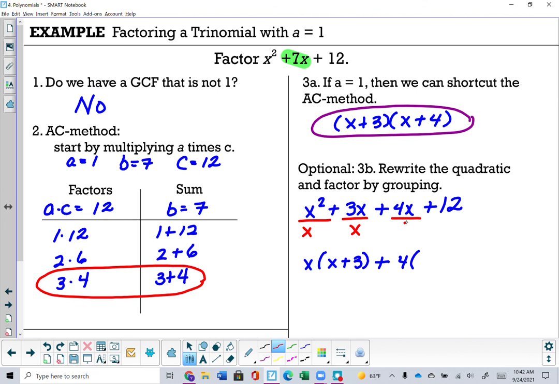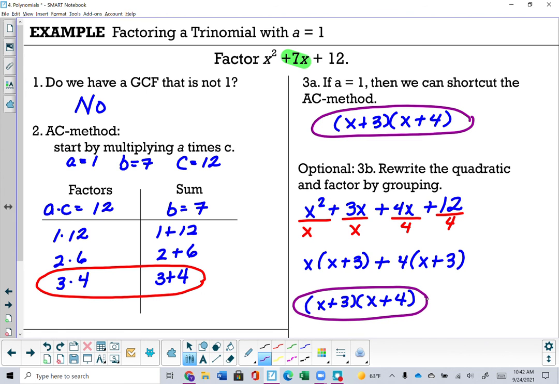So when I divide by 4, I get x plus 3. Factor again, x plus 3 times x plus 4. Exactly what we got when we used the shortcut. Alrighty.